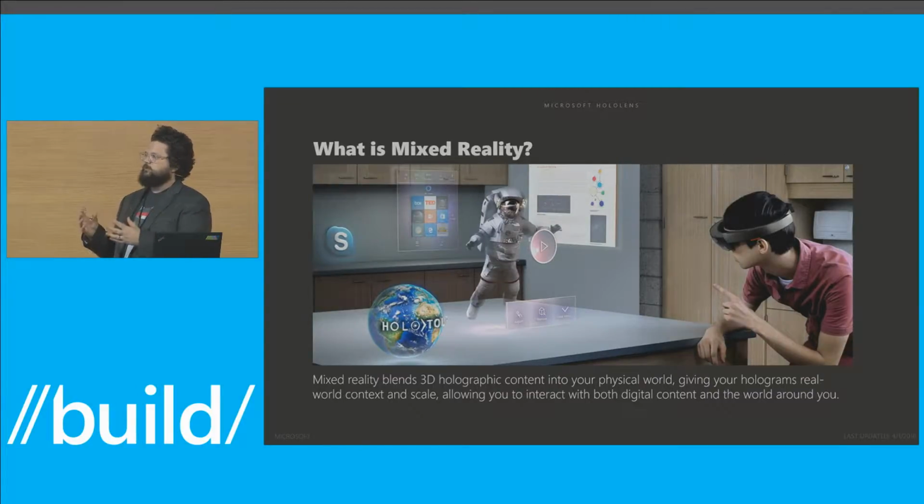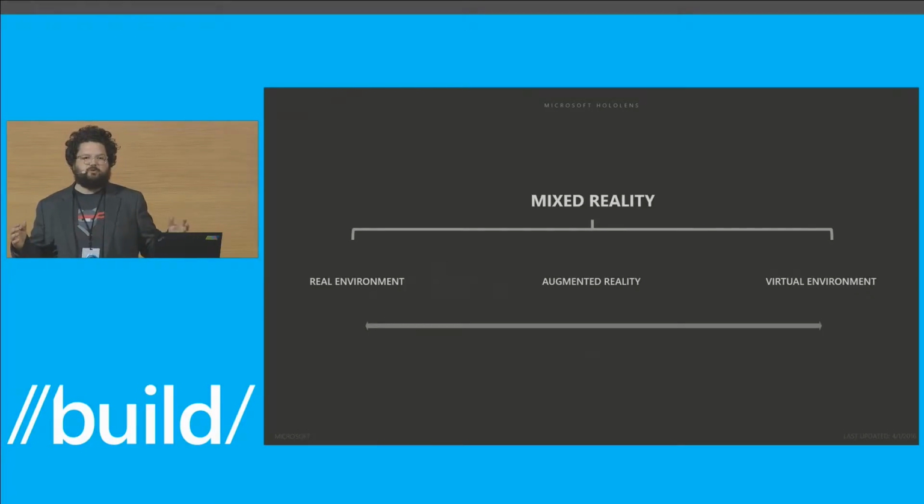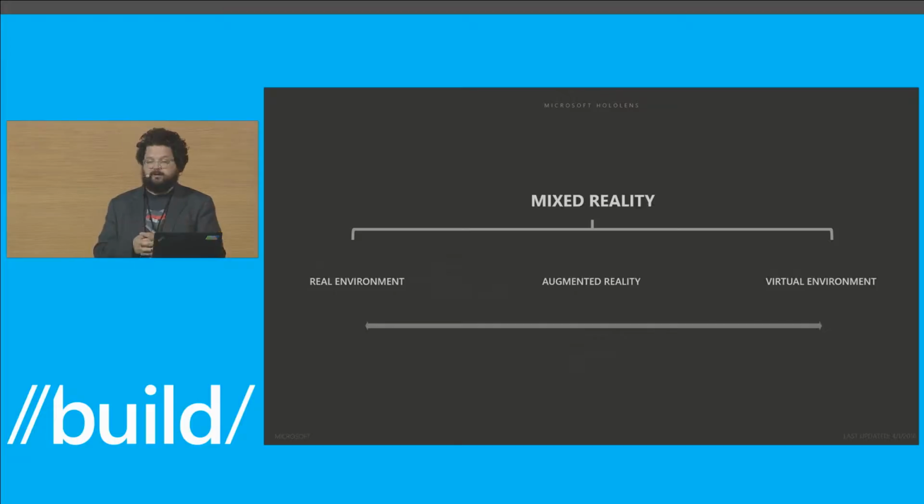Now, along with mixed reality, you often say, well, how does this compare or contrast to augmented reality or virtual reality? And you can think of this as a spectrum. On one end of the spectrum, you have the real world and all of the experiences we have associated by living in the real world. And on the other end of the spectrum, you have completely virtual worlds with information and data that is invisible around us.